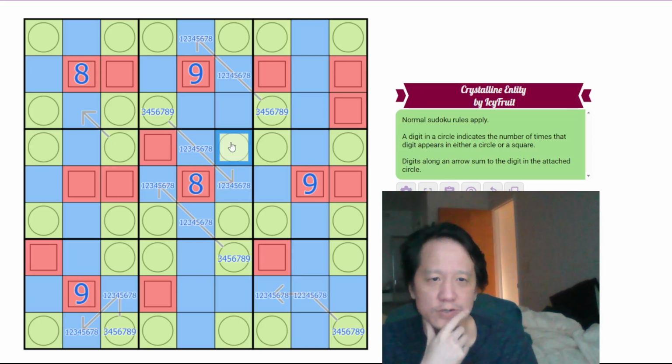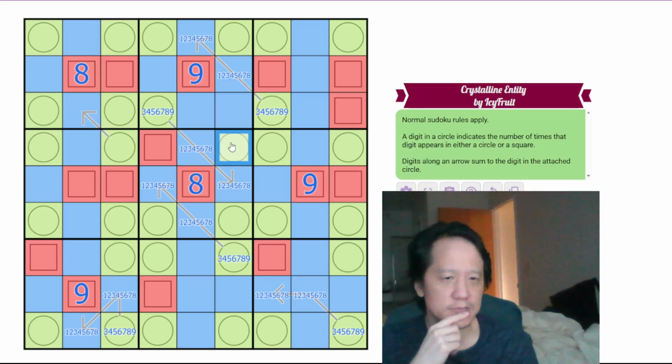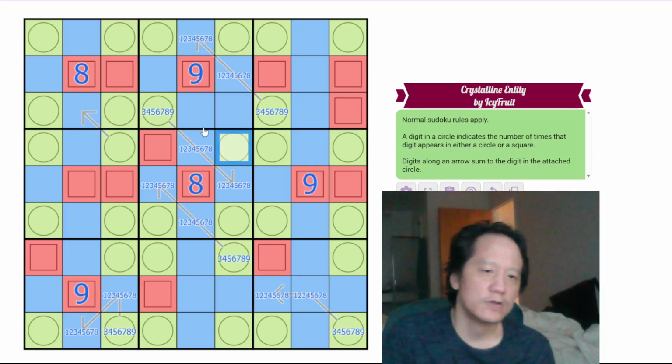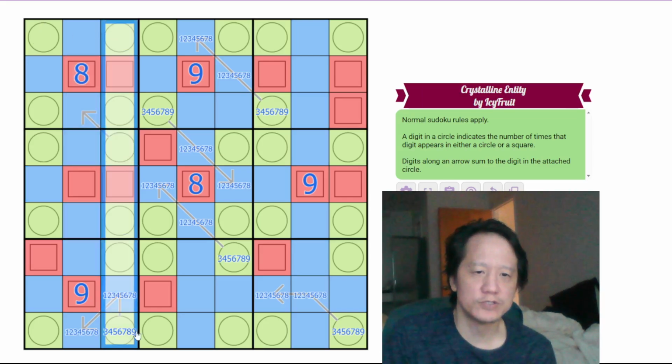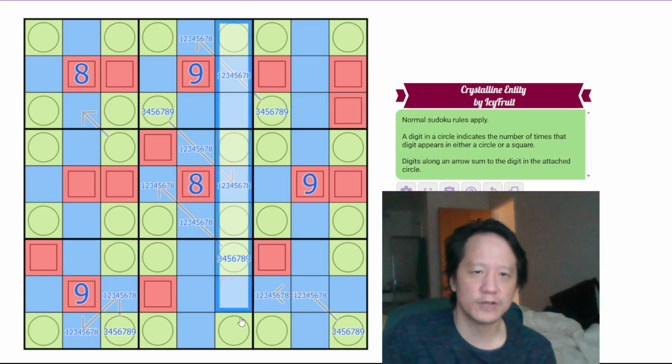I think those are the only restrictions, really. Because 8 could be any of... There's a lot of choices for columns in everything else.